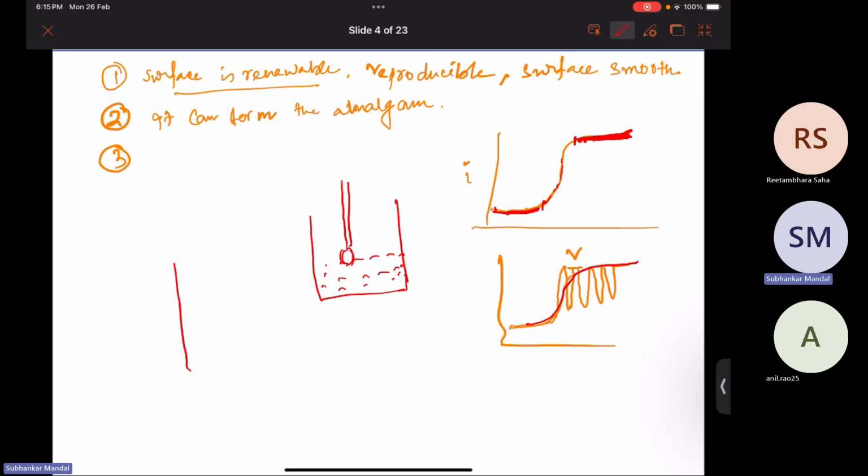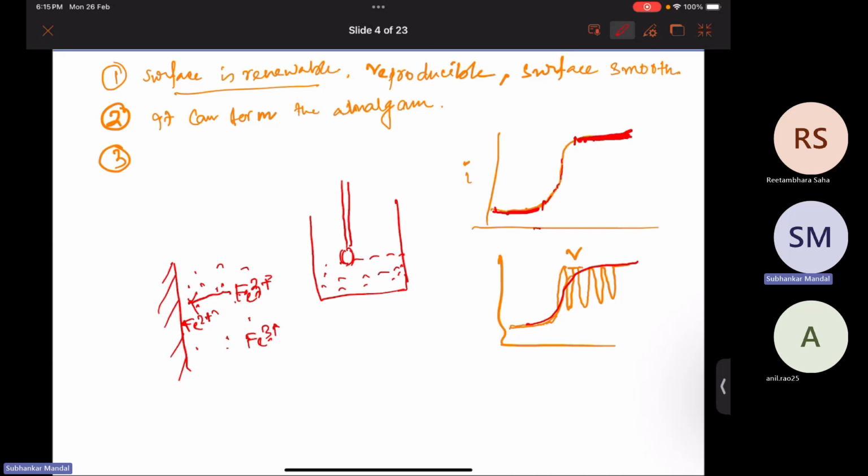If I see that you have an electrode surface like this and your bulk electrolyte is here, what is basically happening is that when the potential is sweeping, suppose in the solution you have Fe3+ everywhere in the electrolyte initially, and at the particular potential where Fe3+ goes to Fe2+, that Fe3+ diffuses to the electrode surface and forms Fe2+.